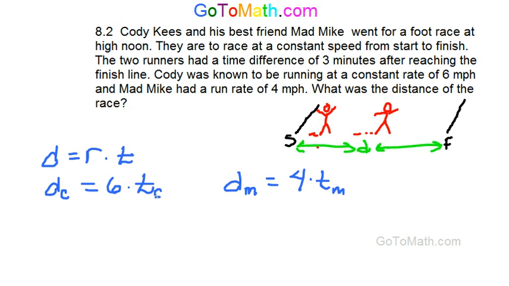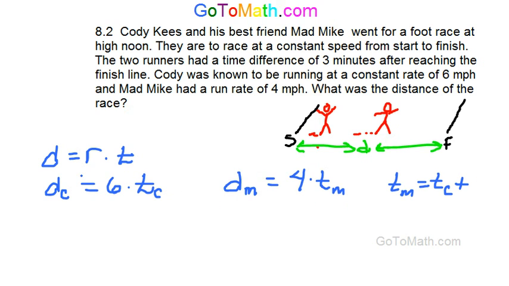But we do know that the difference is 3 minutes. So we could actually write t of c, or t of m, I guess, in terms of t of c, if we wanted to do that. In other words, t of m is going to be t of c plus 3 minutes.